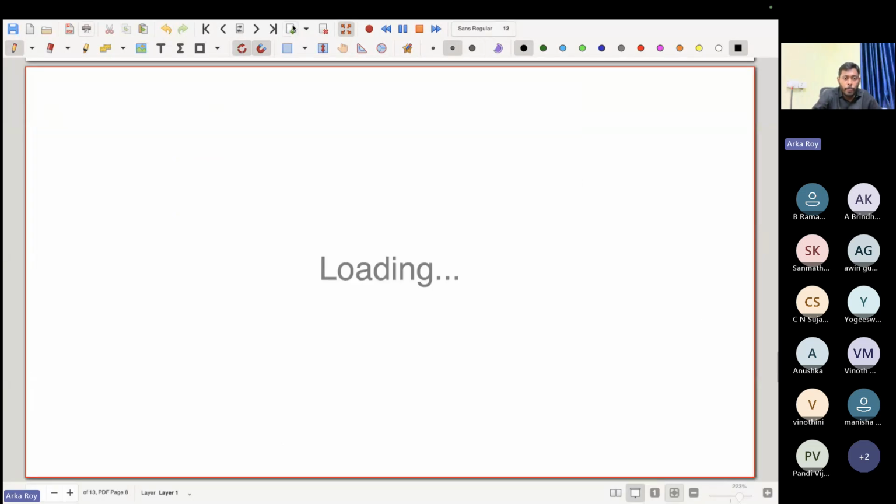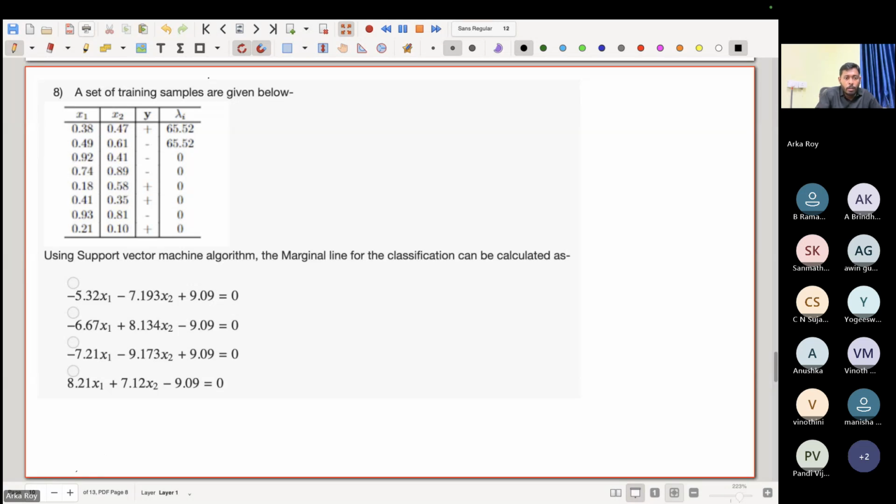For example, W1 into X11 plus W2 into X21 plus B1 is equal to 0. This is for the first case, and then I can write again W1 X12 plus W2 X22 plus B2 is equal to 0.